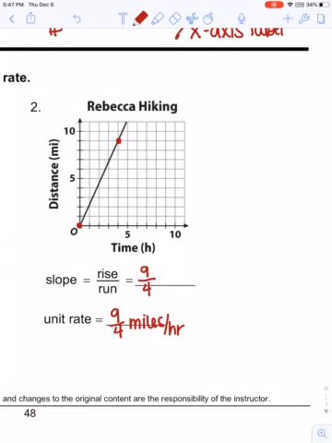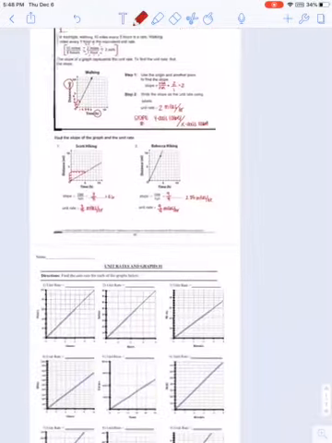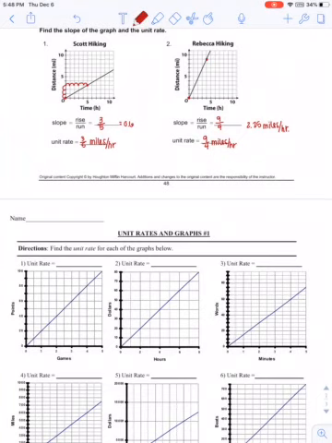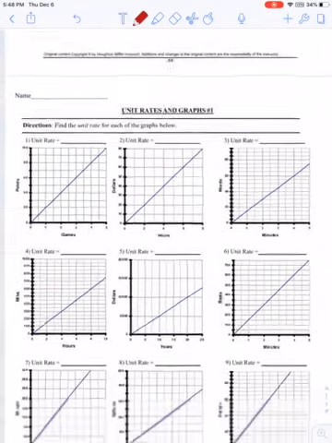You could also write this as 2.25 miles per hour. Either one would be acceptable. All right, flip your notes sheet over, and we're going to do 4 examples together, and then you will do the rest on your own.